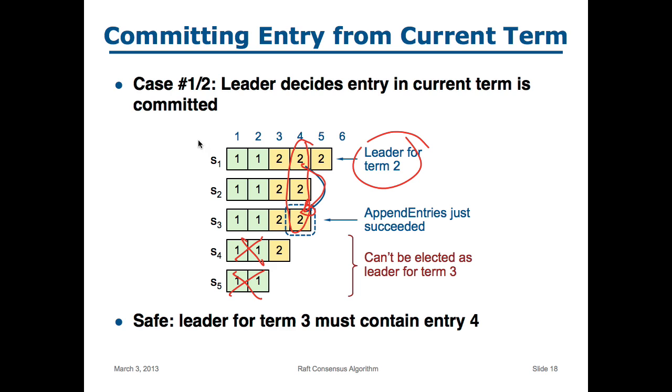So we know that only one of these first 3 servers can be elected leader. In fact, if S1 is in the mix, S1 is guaranteed to win the election. But S2 or S3 could win by getting votes from each other and then one of servers 4 or 5. But in any case, you can see that the leader for the next term must contain that log entry.